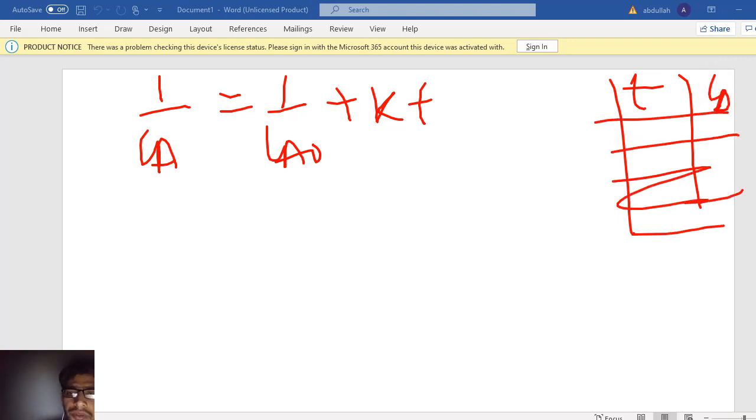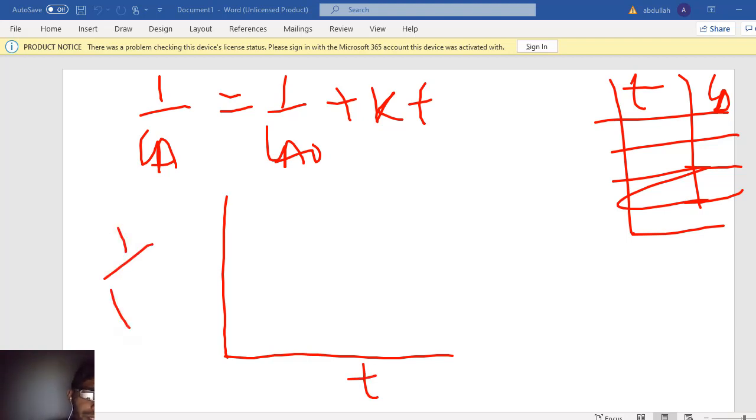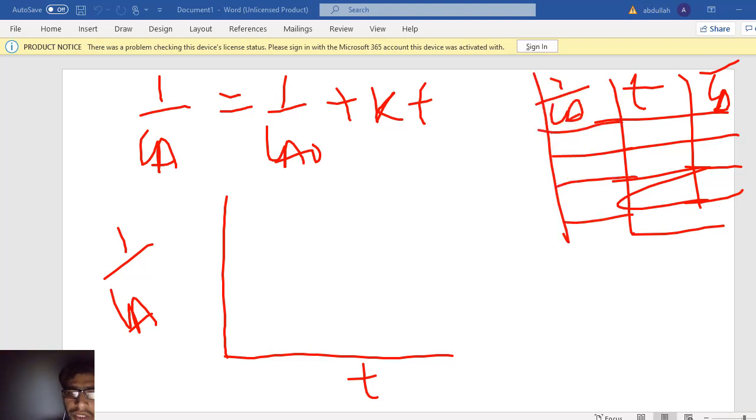We will draw a graph between time and 1/CA. There will be another column in the table for 1/CA, and we will plot 1/CA against time.